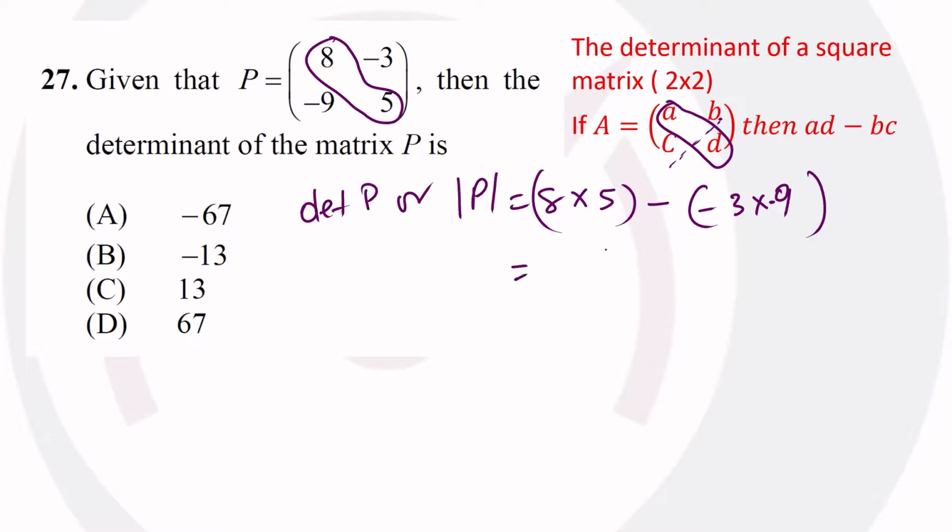So we know that 8 times 5 is 40, and negative 3 times negative 9 gives us positive 27, so minus 27. So then we have 40 minus 27, and that gives us 13, positive 13. So hence our answer is going to be C.